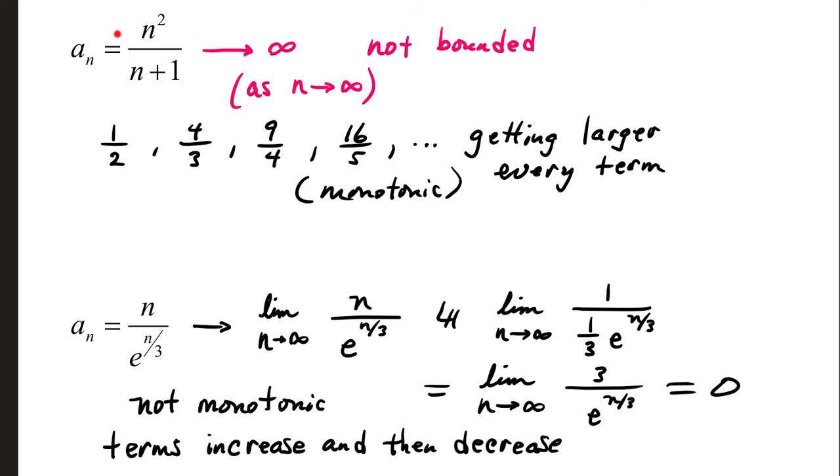In fact, when we wrote out some terms of this, starting with 1, we would have 1/2, move up to 2. 2 squared over 2 plus 1 was 4/3. 3 squared over 3 plus 1 was 9/4. These values consistently get larger every term, and because that limit is not bounded by a fixed number, they would just keep getting larger without restriction.